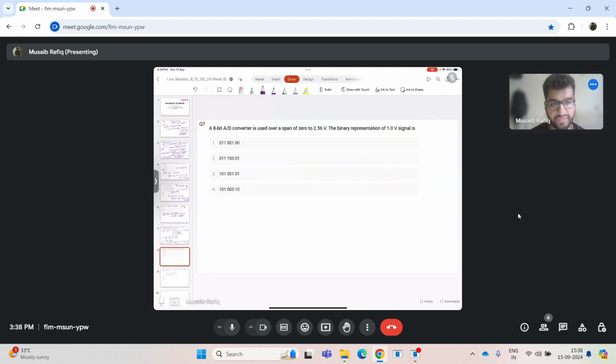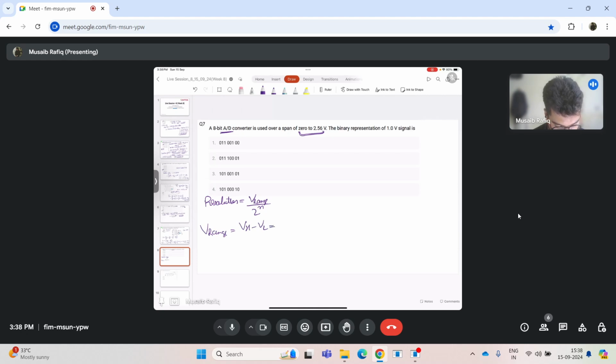This states that an 8-bit analog to digital converter is used over a span of 0 to 2.56 volt. The binary representation of a 1 volt signal is, so we need to find the binary representation of a 1 volt signal. What we can do here is first find the resolution. Resolution is equal to V range by 2 raised to the power n, and your V range is simply equal to V high minus V low.